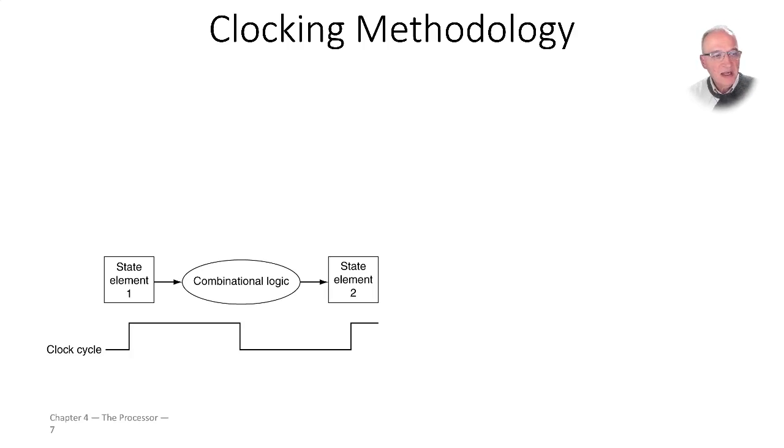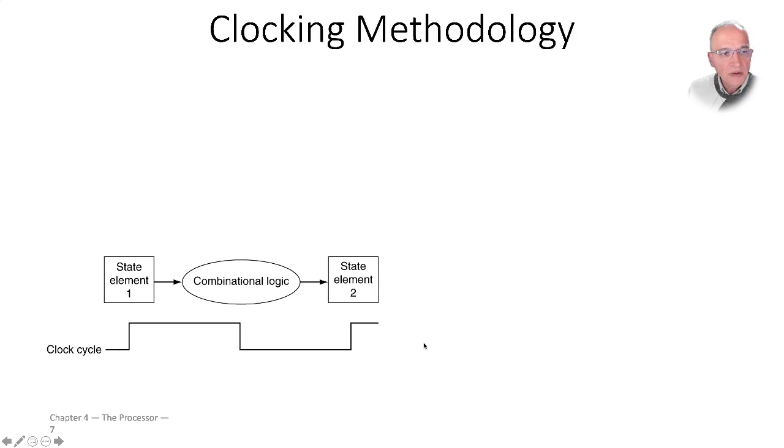We have a state element somewhere in our machine, and we have some combinatorial logic that will take the value of that state, and perhaps with some other inputs, will produce a new value for a different state element. Because the outputs of these state elements can only change at the clock transitions, I have this methodology of clocking signal, where the value of the state in each of those elements only changes when the clock makes a transition.